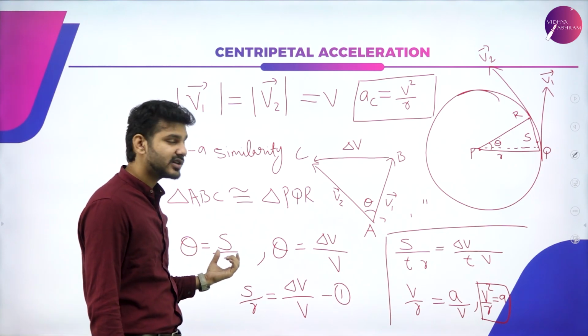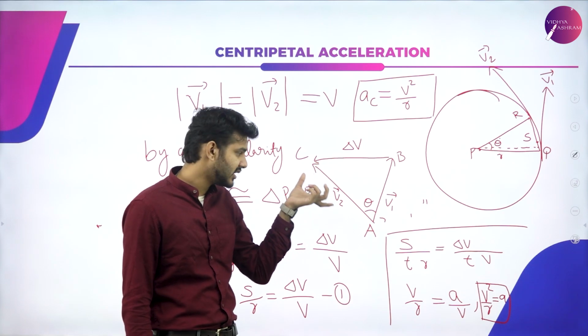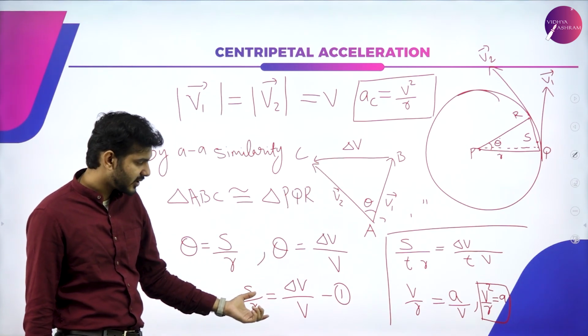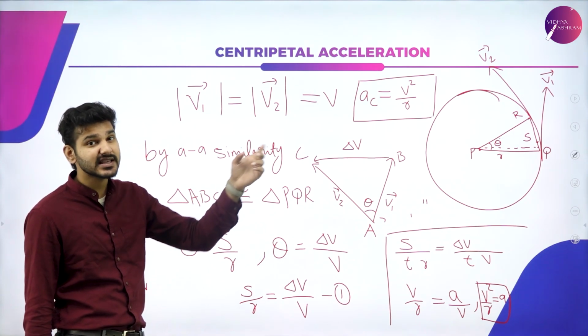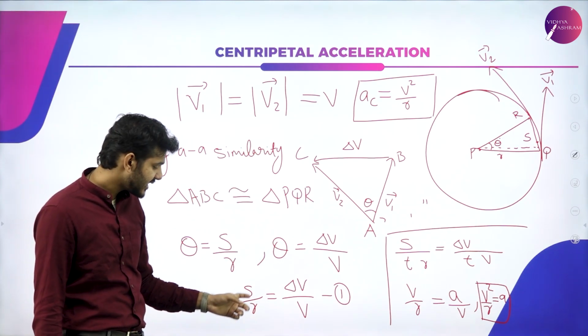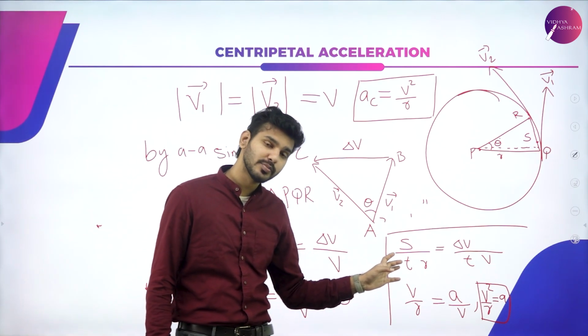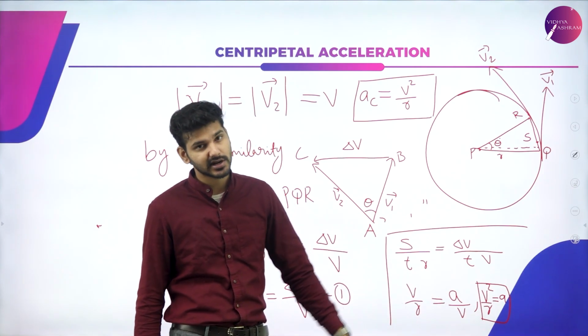Using the same principle, we took the opposite side here, that is delta V divided by any one of these two vectors since they are the same. So delta V by V, and since theta is the same in both triangles, we can write S by R is equal to delta V divided by V. Dividing throughout by T, we get the equation for centripetal acceleration.